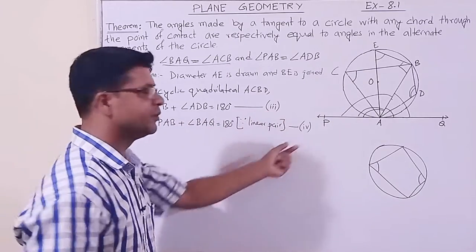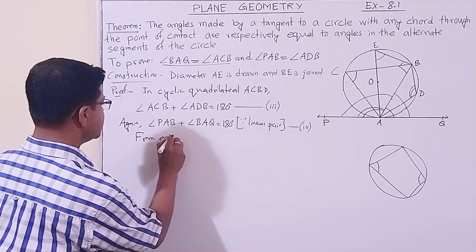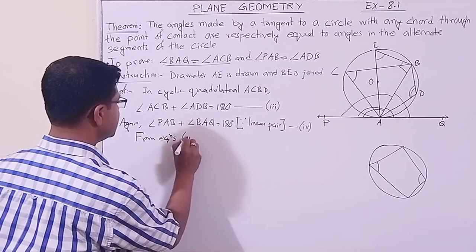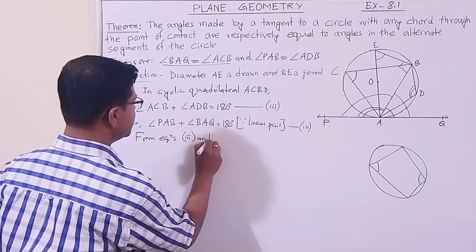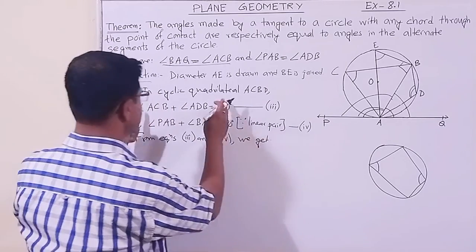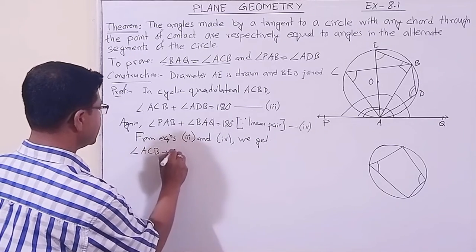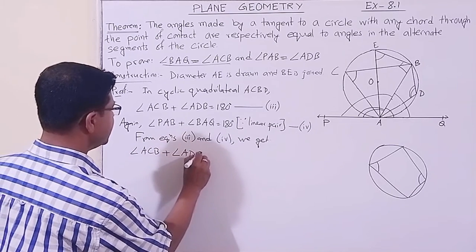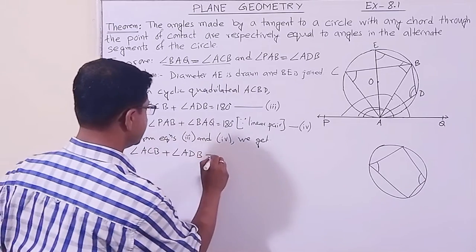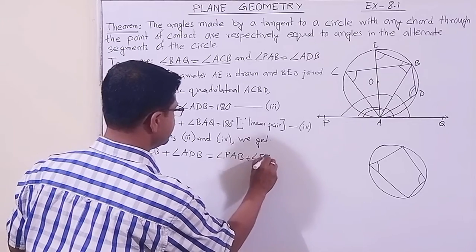So from equations 3 and 4 we get, what do we get? They are equal. Angle ACB plus angle ADB is equal to angle PAB plus angle BAQ.